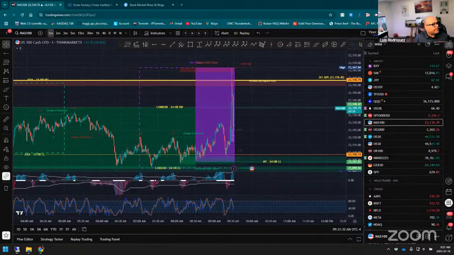Wild, wild, wild, Fernando. You have to be careful with this market when it's doing these movements. That's all. What's going on?